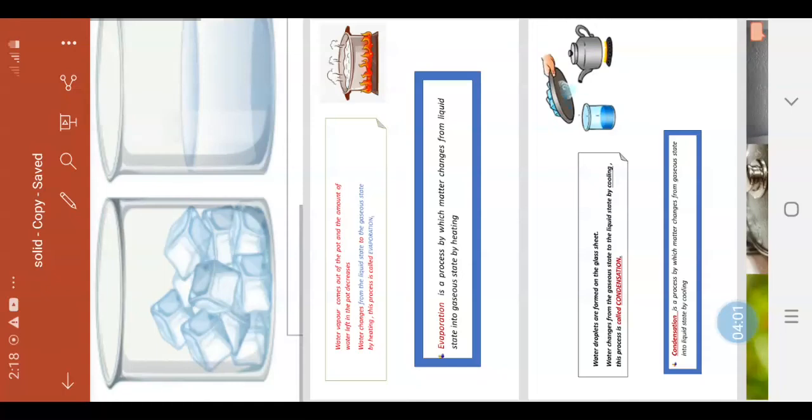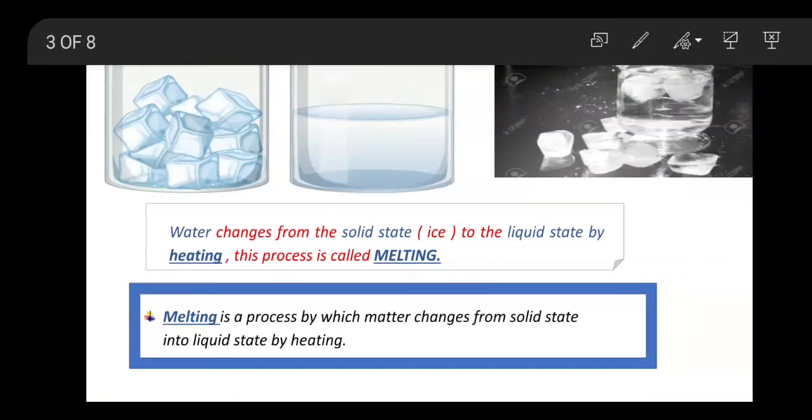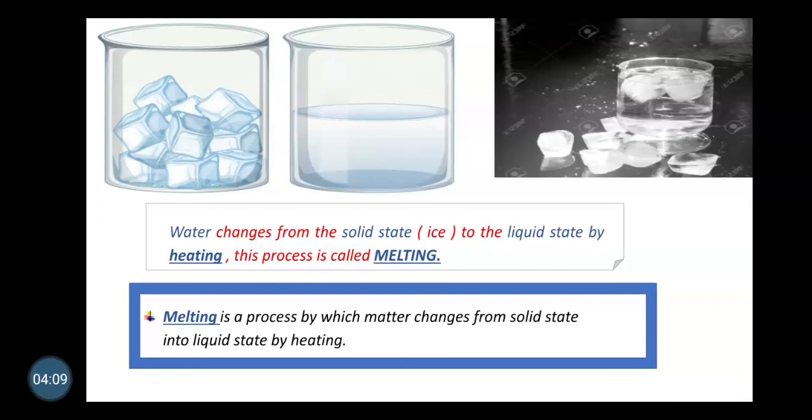The pieces of ice change into water, and we call this process melting. So the ice melts, changing from the solid state into the liquid state. Melting is the process by which matter changes from the solid state into the liquid state by heating, because it takes the heat from the air.